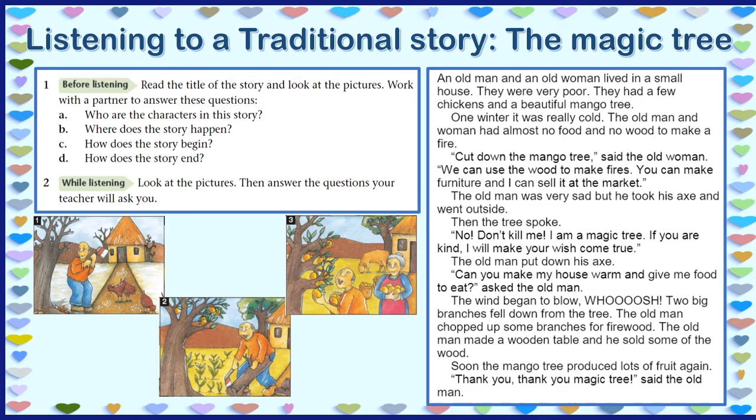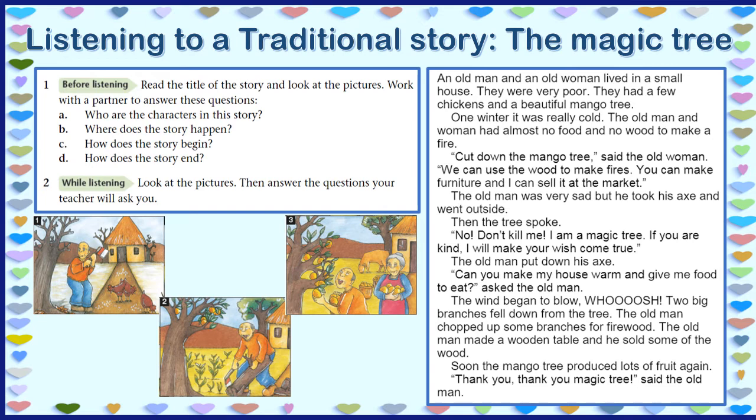The wind began to blow. Whoosh! Two big branches fell down from the tree. The old man chopped up some branches for firewood. The old man made a wooden table and he sold some of the wood. Soon the mango tree produced lots of fruits again. "Thank you, Magic Tree," said the old man.